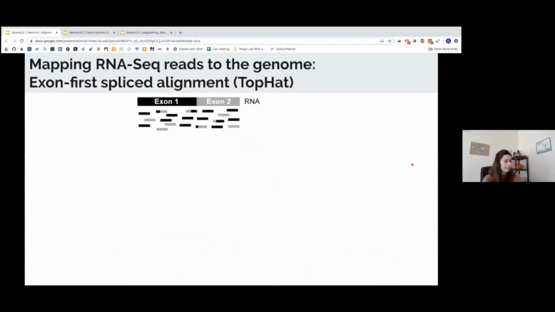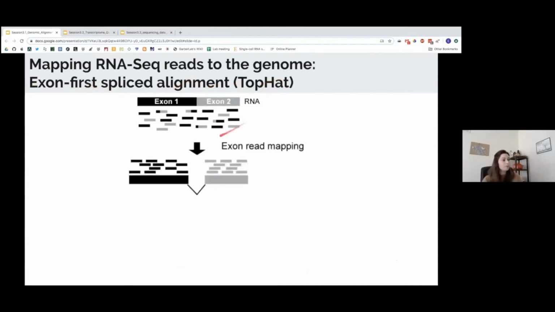And then lastly, let's just go through this strategy again that these aligners use for exon first spliced alignment. Software like TopHat will first try to map all of the reads that it can that are contained wholly inside exons. And it knows where the exons are because, like I said, we feed it not only the genome FASTA sequence, but we also feed it a GTF annotation file that tells it which positions of the genome contain an exon.